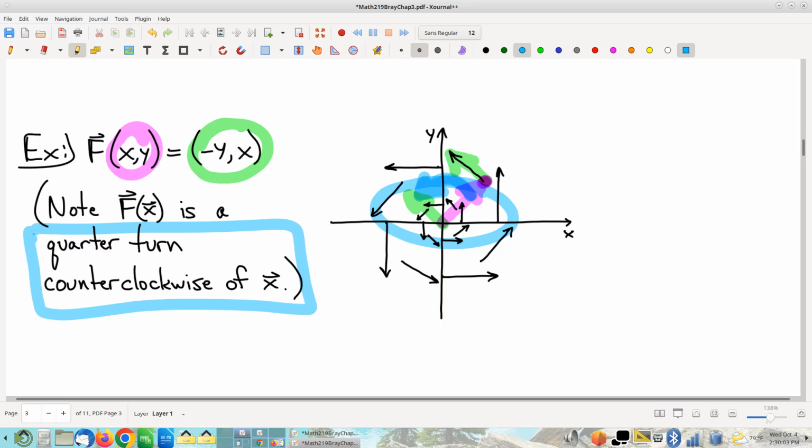Y'all remember this whole spiel, right? This is one of the big facts of linear algebra that we use in this course: linear transformations are matrices whose columns are the images of the standard basis vectors. If you do that for a quarter turn counterclockwise and multiply that matrix times x, y, you will get negative y, x. Fantastic little exercise to make sure you're good with the linear algebra.